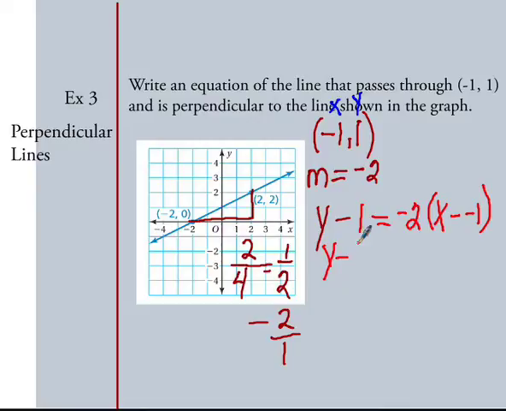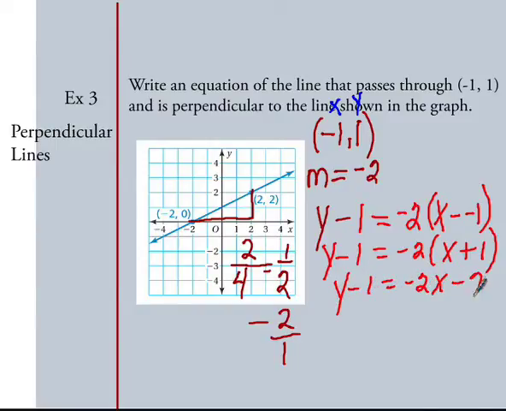Clean it up: y minus 1 equals -2 times x plus 1. And if you're curious about where this line would cross the y-axis, that's the reason you would continue to simplify or solve for y. Y minus 1 equals -2x minus 2. I'm distributing. Add 1 to both sides.